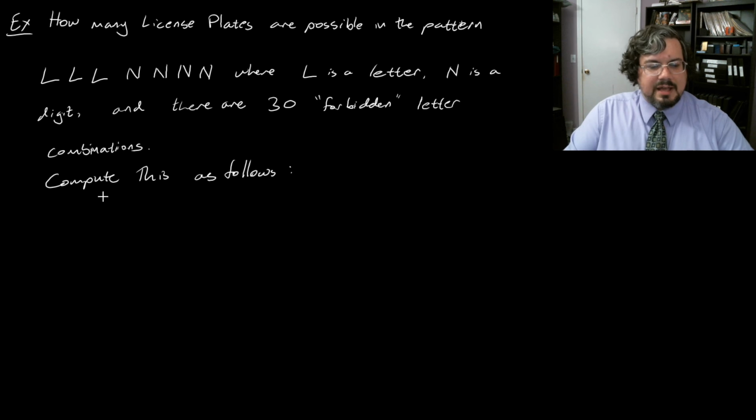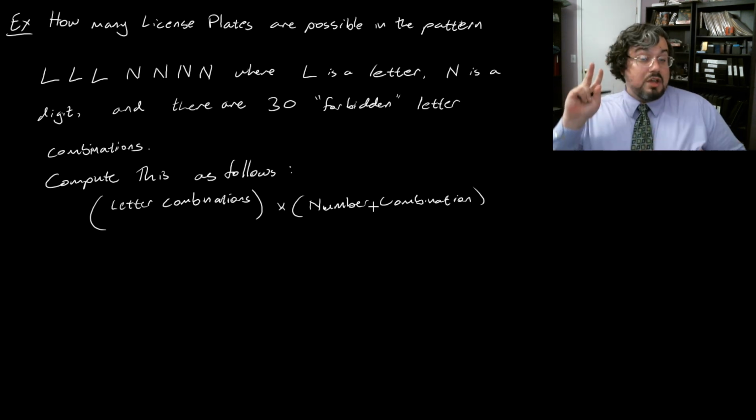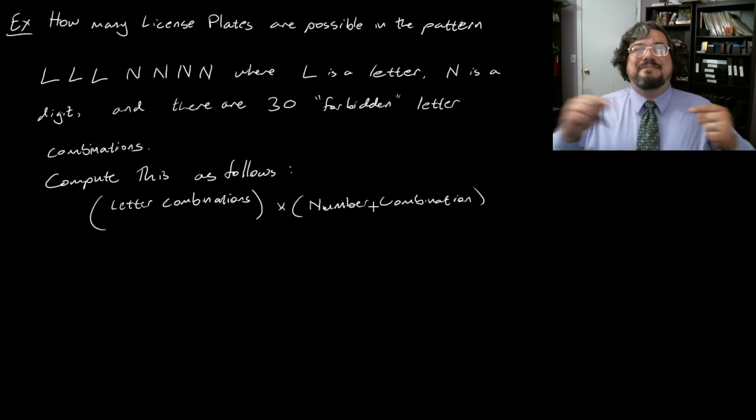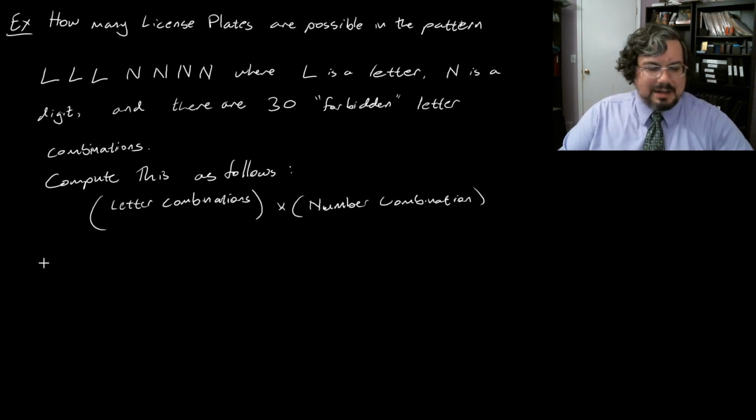We're going to take the number of letter combinations that are allowed times the number of number combinations that are allowed. We're actually going to treat this as a sequential counting principle problem where there are only 2 choices to make. Which letter combination are we going to use? And then which number combination are we going to use? Then we're going to use the sequential counting principle to figure out what each one of these numbers is. So we're going to break our problem up into two smaller ones where we can figure out each one using the principles that we have at hand.